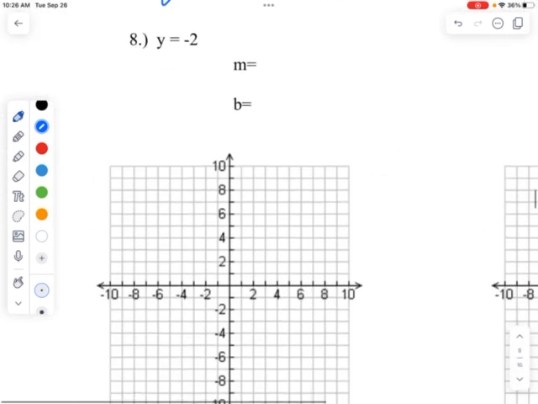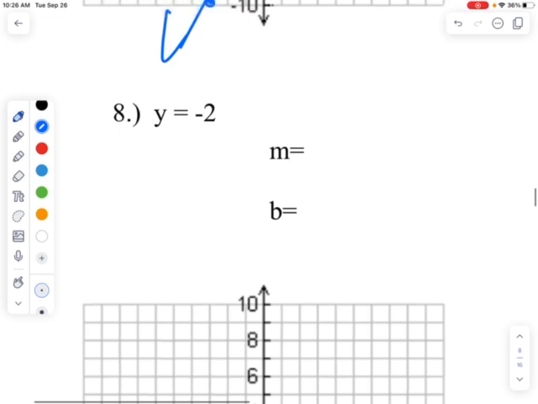All right, let's go ahead down to number 8. So again, slope-intercept form, y equals mx plus b. Looks like I'm missing some things. Looks like I just simply have y equals -2. Well, if there are numbers or values missing in math, they typically mean that there's a 0 involved.